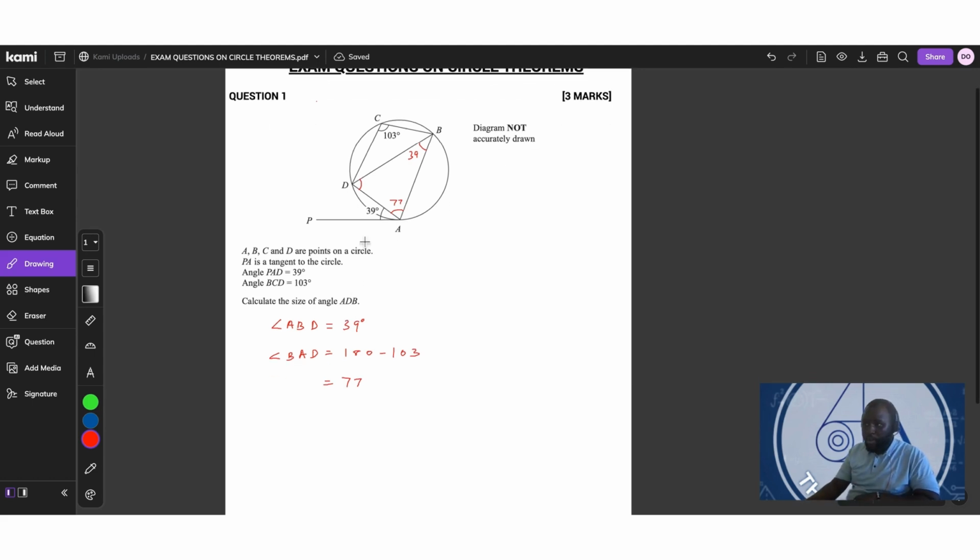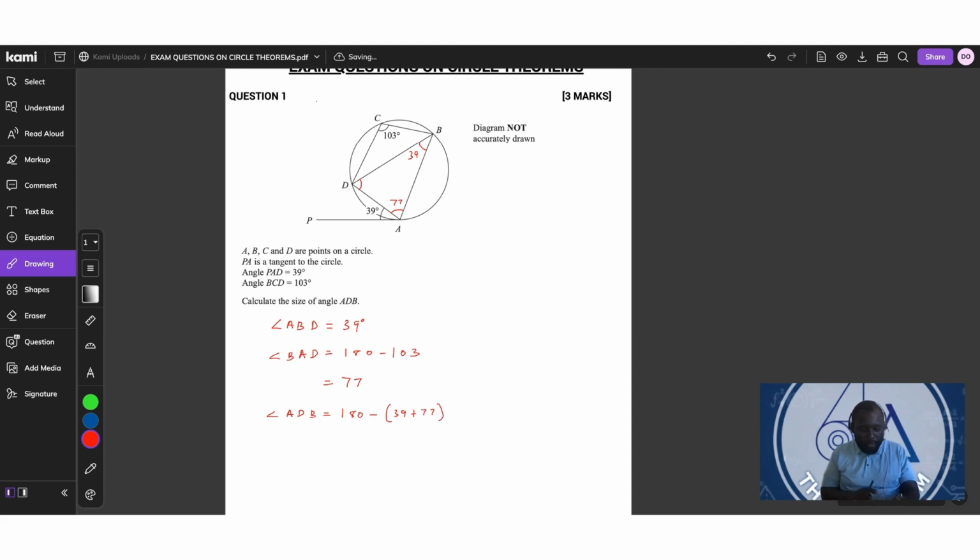That leaves us with the angle that we have actually been asked in the question, and that is angle ADB. Now ADB is a triangle, and angles in a triangle add up to 180. So this angle will be 180 minus 39 plus 77.